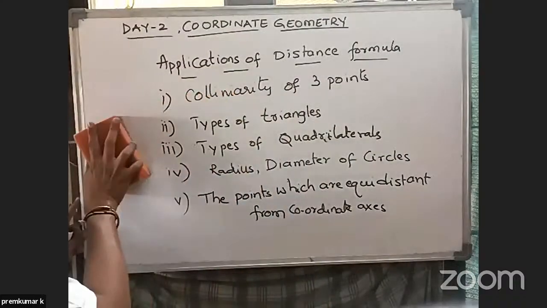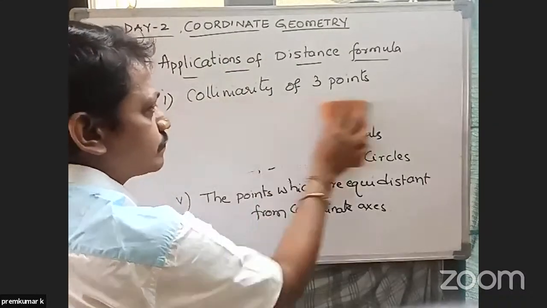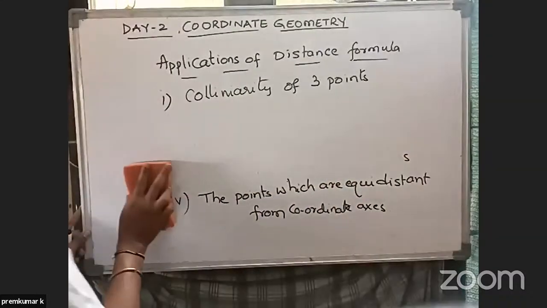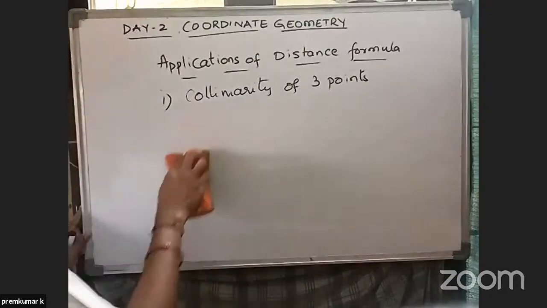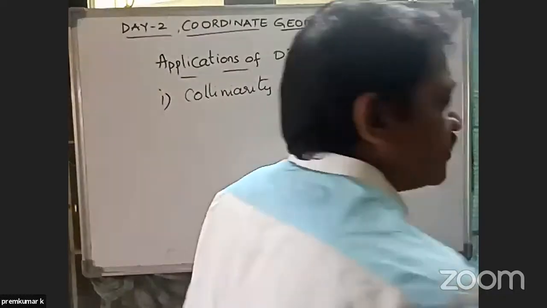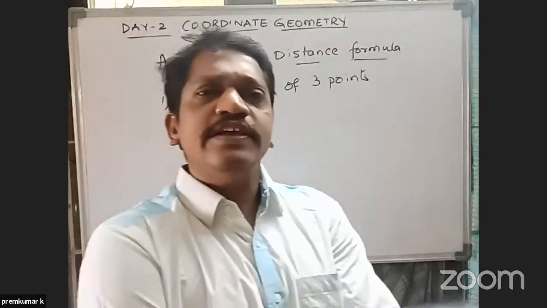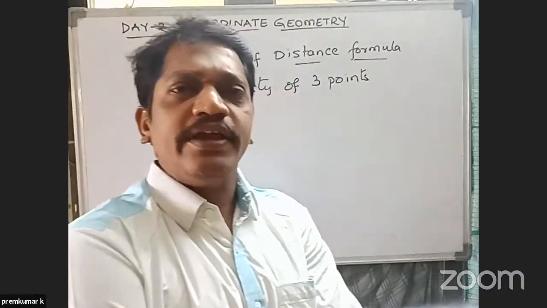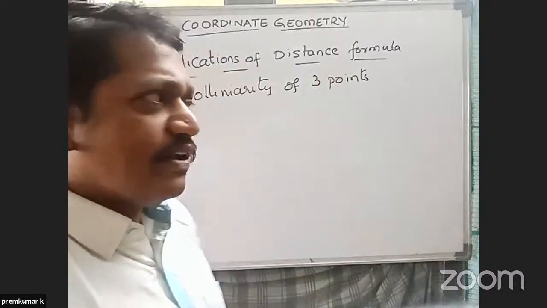Now I am going for collinearity of 3 points. What is meant by collinearity? Points are said to be collinear when they lie on a line.